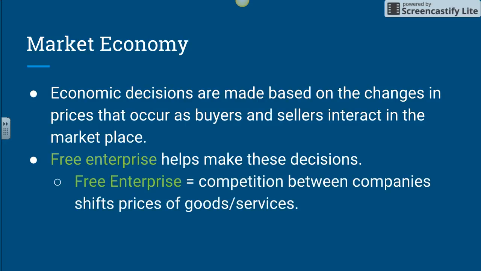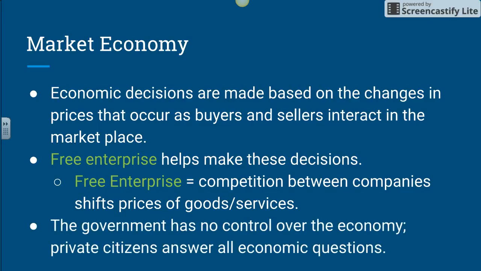Free enterprise basically means competition between companies, and that shifts the prices of goods and services. It's similar to the idea of supply and demand. The government doesn't have control over the economy. Private citizens answer all economic questions in a market economy.